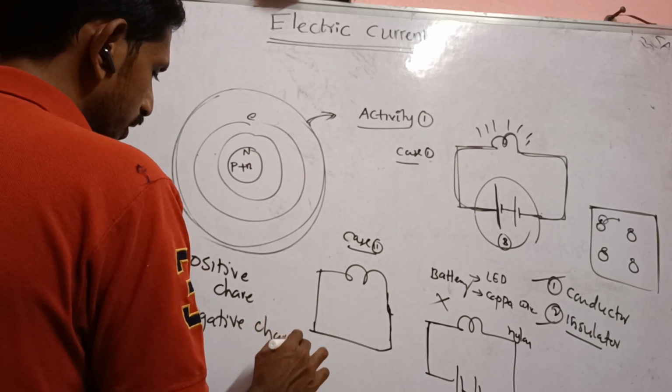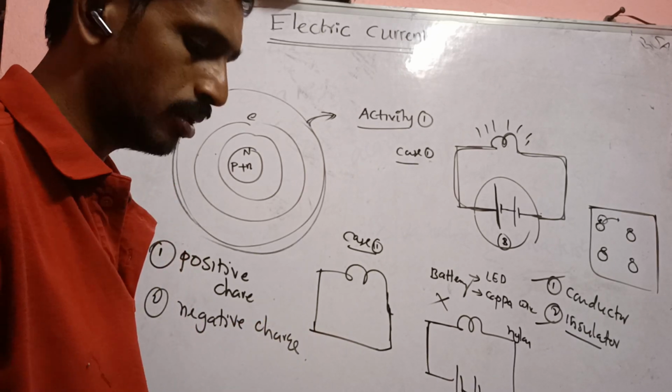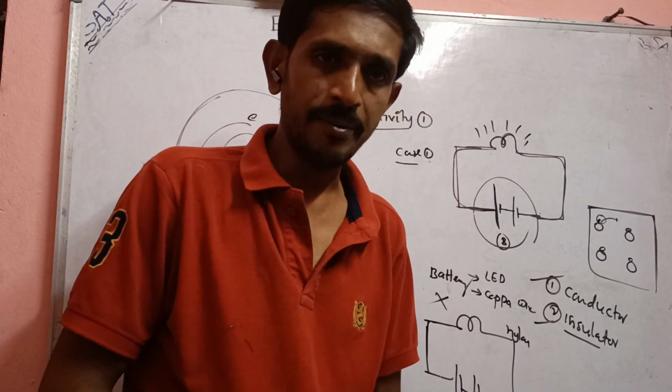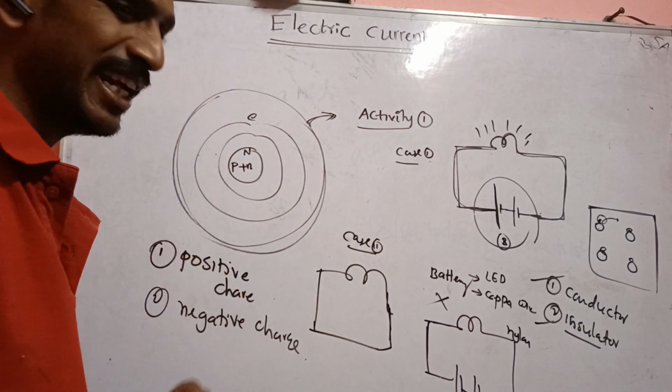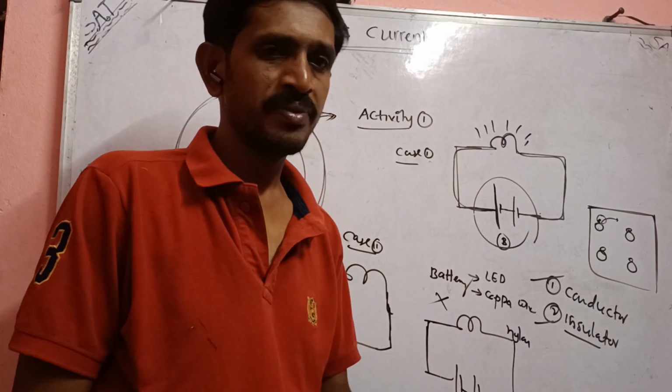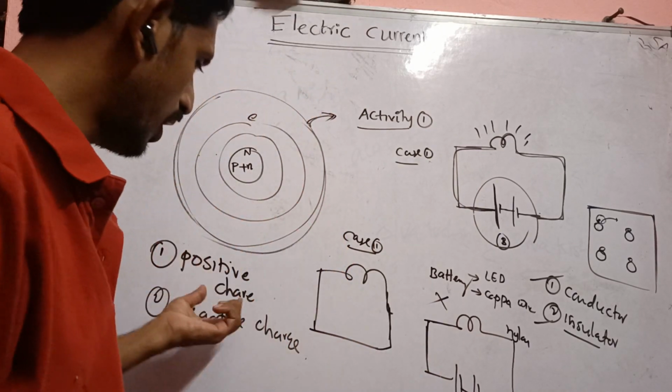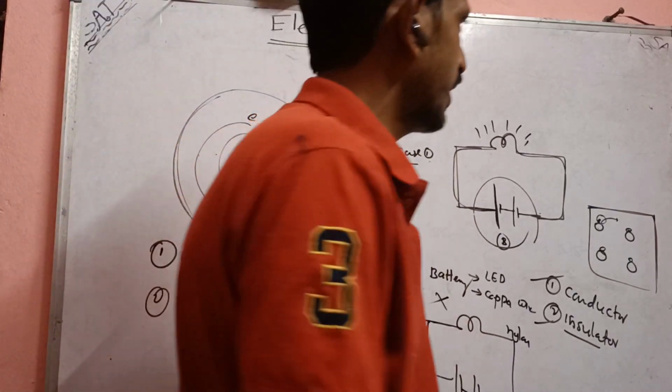My question is, who is responsible for electric current, a positive charge or a negative charge? Now we are going to find out. So I'm going to discuss the negative charge here.